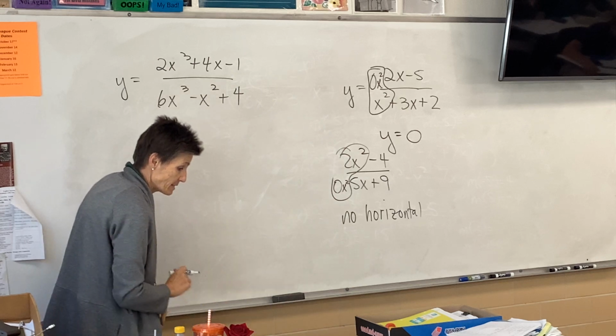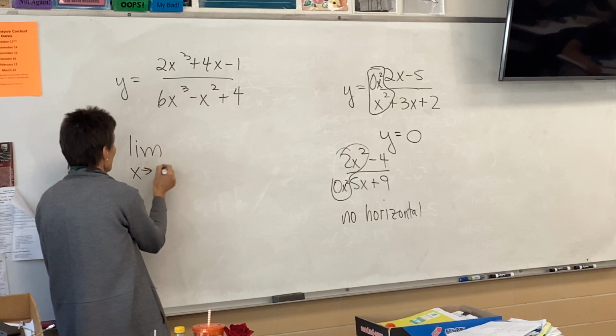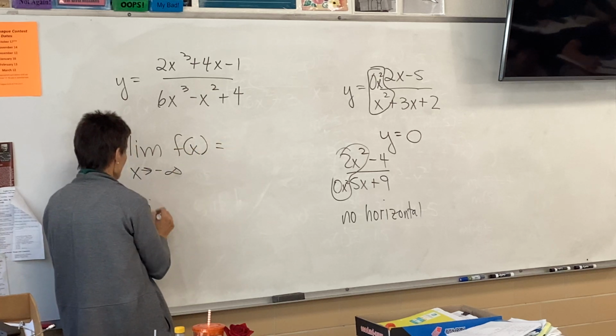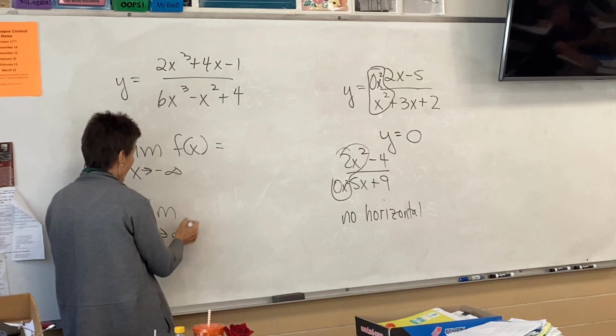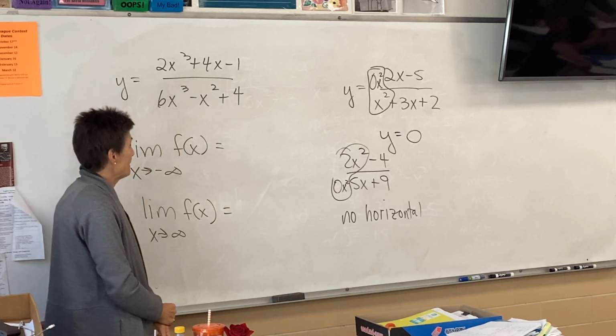Right, limit statements. So the limit as x approaches negative infinity, and the limit as x approaches positive infinity. This is how we always express our limits.